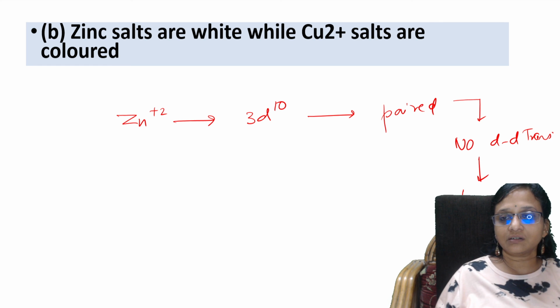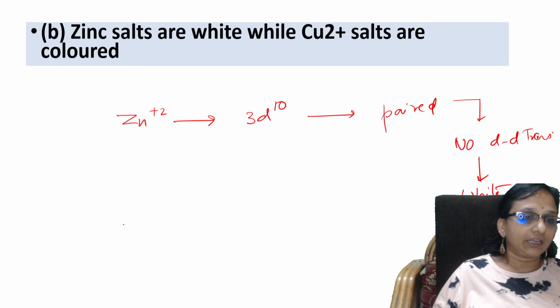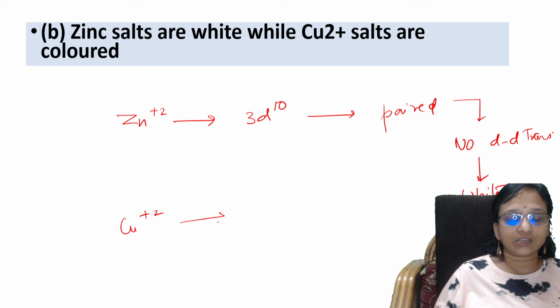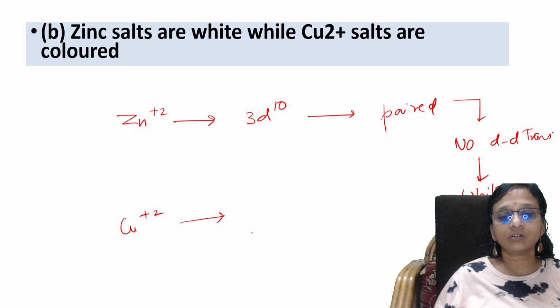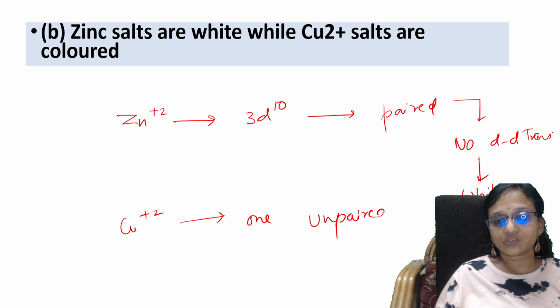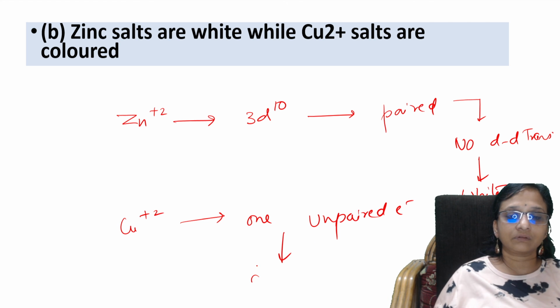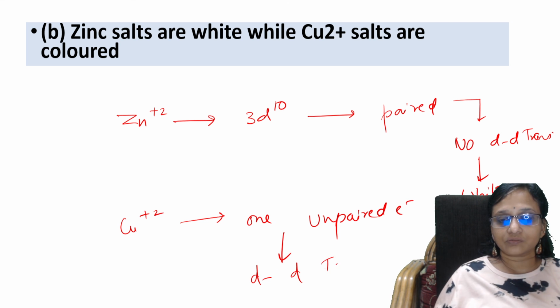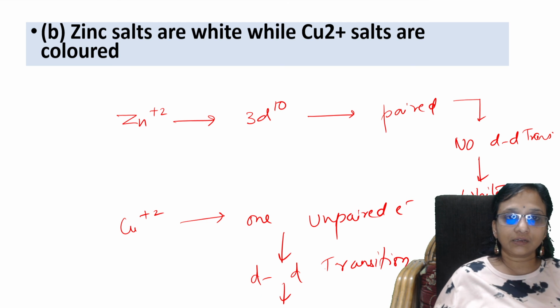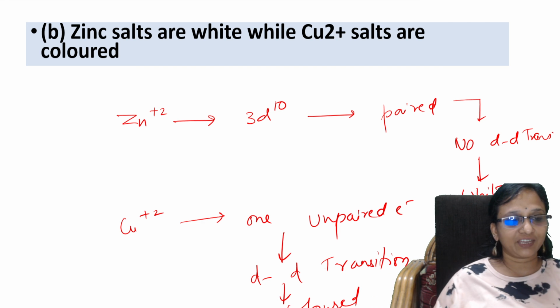That's why these are white. In copper plus 2, there is one unpaired electron. Because of this one unpaired electron, you have d-d transition and they are colored. Done. Next question.